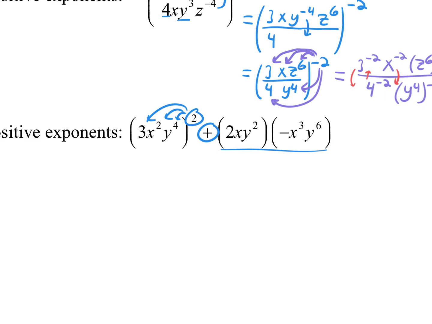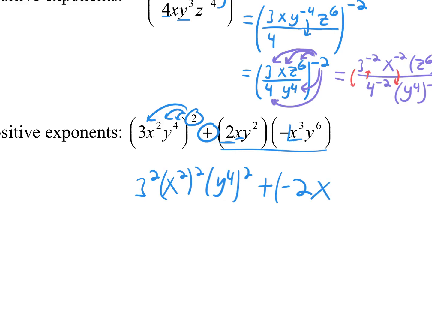So then this is going to get you 3 to the second power, x squared to the second power, y to the 4th to the second power. And this is going to be plus. When you do 2 times a negative, that's going to get you a negative 2. x times x to the 3rd, what does that get you? x to the 4th. And when you do y to the 2nd times y to the 6th, what does that get you? Good.